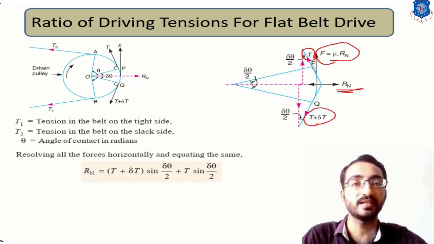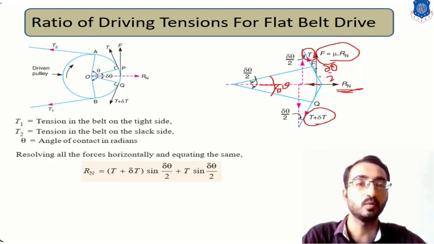Okay, so now here if we take the component of this belt tension T, then belt tension T is making an angle delta theta by 2 over here. If you consider the symmetry over here, the total angle we have assumed is delta theta, so the half angle is delta theta by 2, and a similar angle is produced between these two, that is again delta theta by 2.